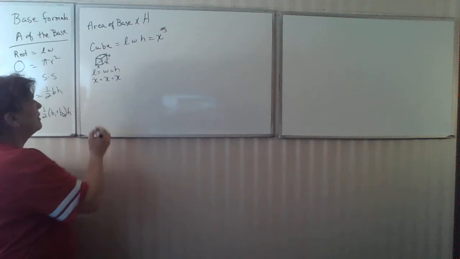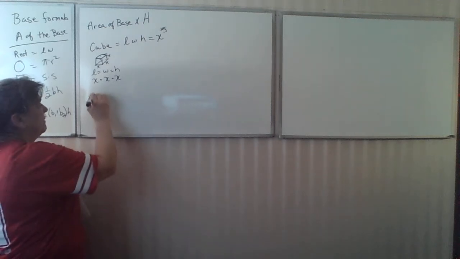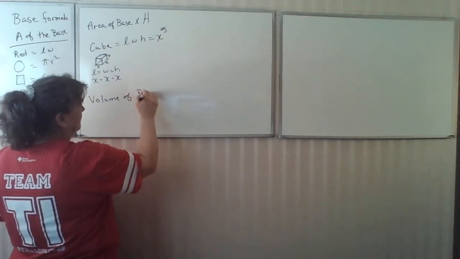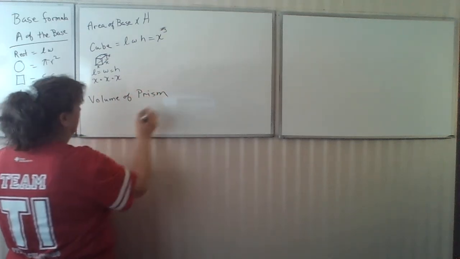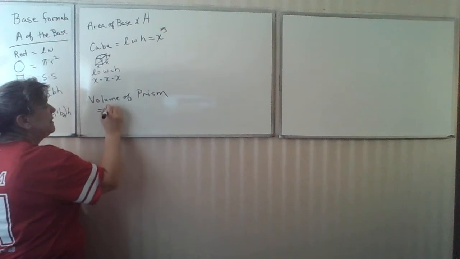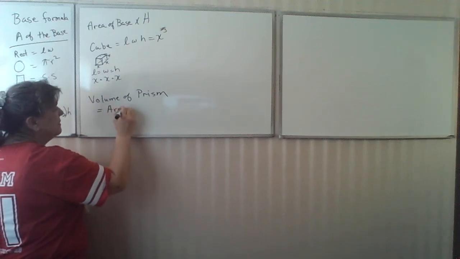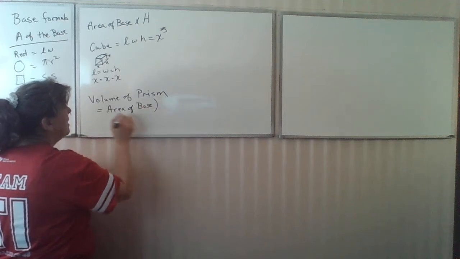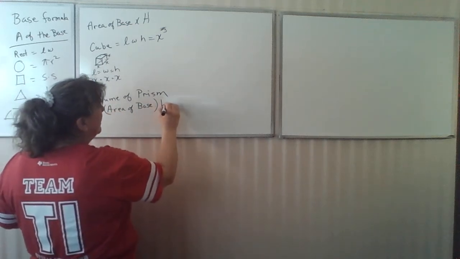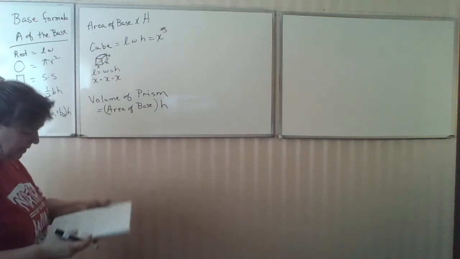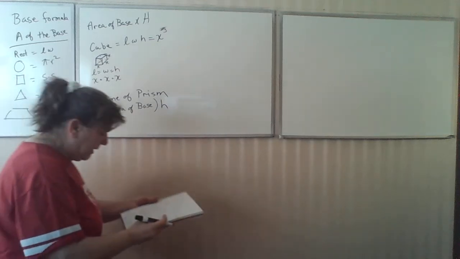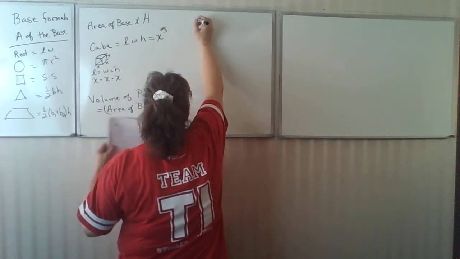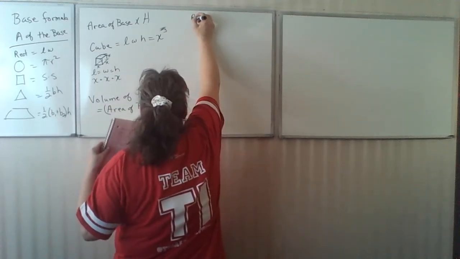So what if I looked at the volume of a prism? Any prism. The volume of a prism is the area of the base times whatever the height of my prism is. Okay? So let's look at a prism. In this case, it's going to be a rectangular prism.